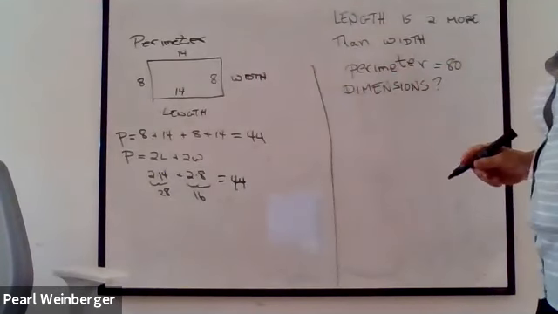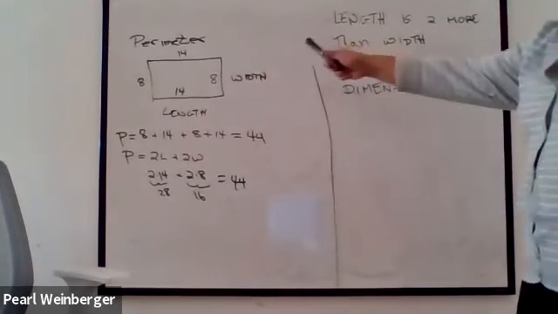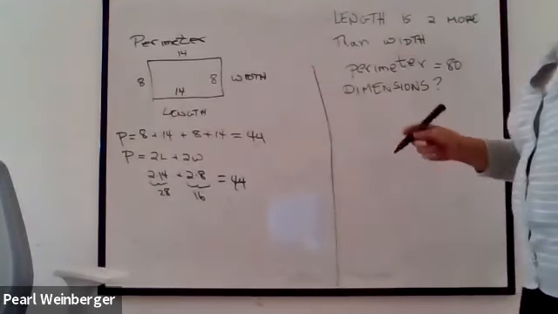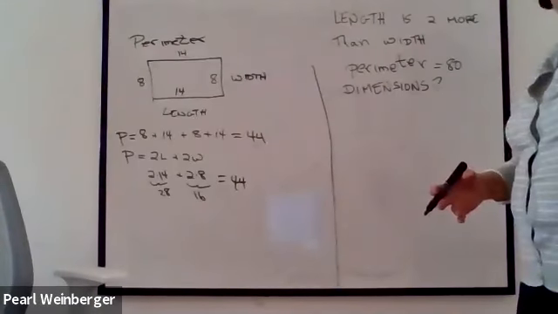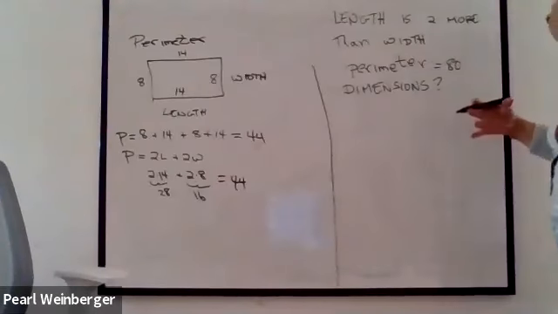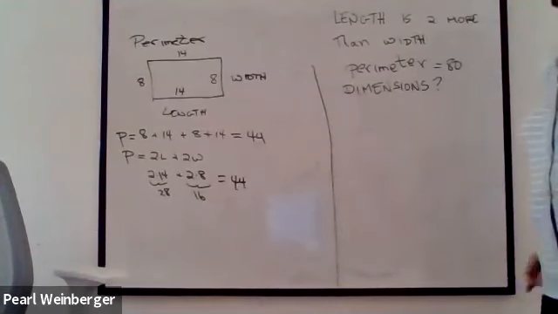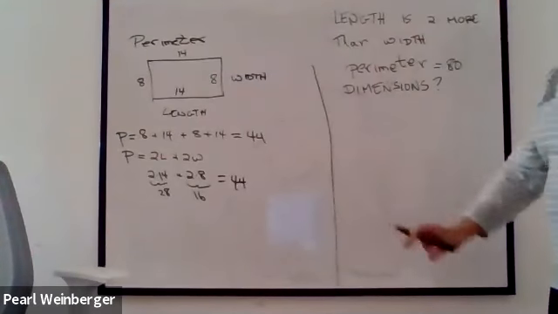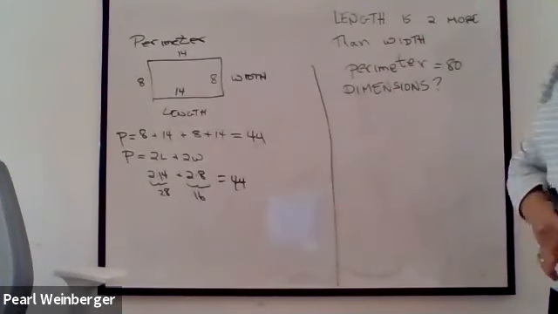Okay, so let's see if we can analyze this problem. Notice in the previous problem, I told you what the length and the width is, and we figured out the perimeter. Here we have the opposite situation. We know what the perimeter is. We know that all around, if I added all the 4 sides together, what I would get is 80.